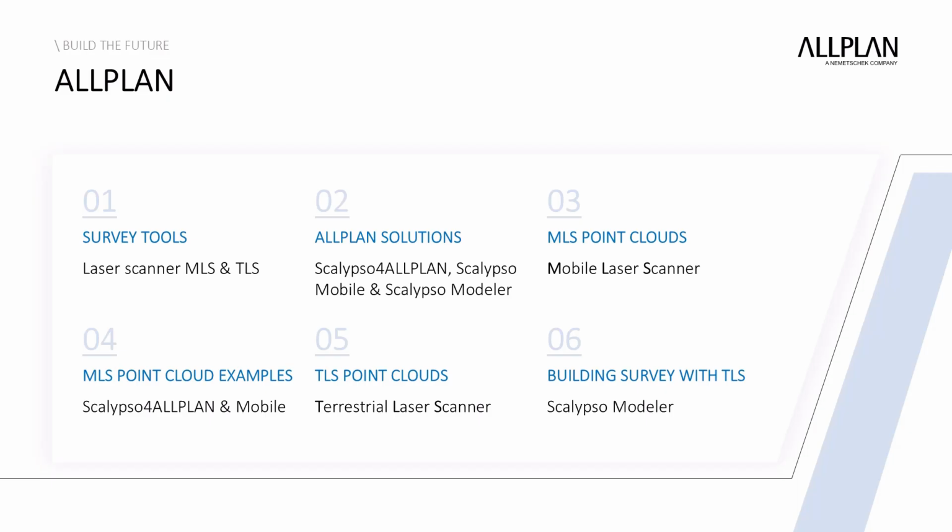After that, we will look at their specific features. We will explore the characteristics of mobile point clouds and terrestrial ones extensively, while also providing a variety of practical examples on how to effectively use them to optimize our workflow directly within the Allplan environment.